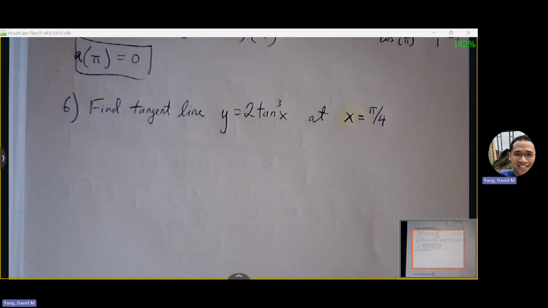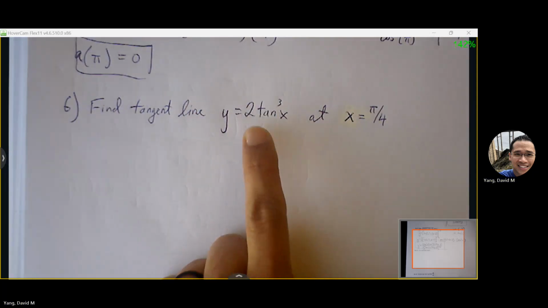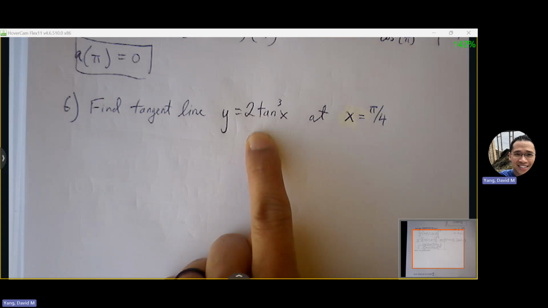Okay, we're going to find order pair first, and then we'll find the derivative. But what should we do with this function? That'll be a useful step.